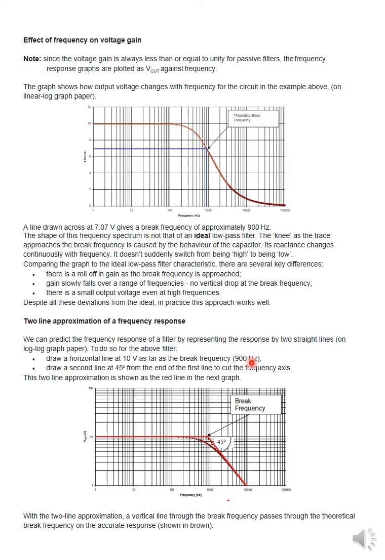With the two line approximation, a vertical line through the break frequency passes through the theoretical break frequency on the accurate response shown in brown. So this is your accurate one, this is ideal, and you can find that this is the break frequency also.